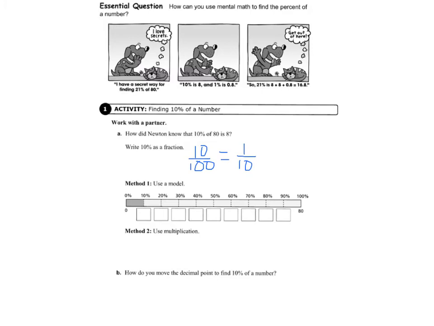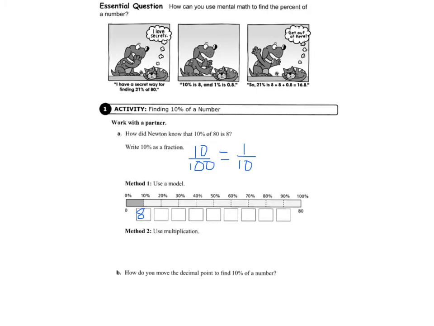Now let's look at method 1, where we use a model. 0% of 80, of course, is 0. And then 10% of 80 is going to be 1/10 of 80. So that would be 8.